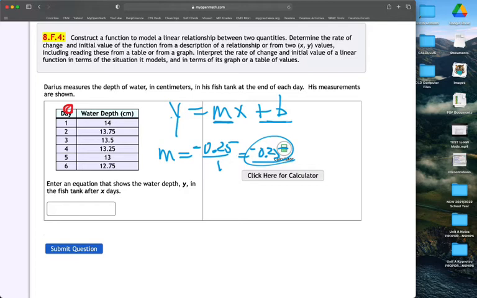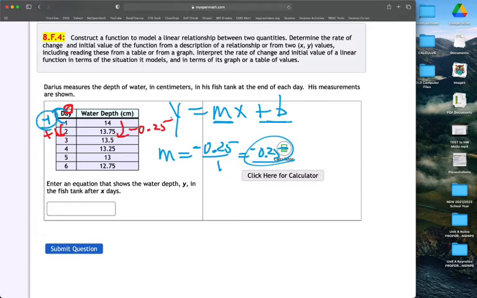So we already know that the change in y values working down the table is subtracting 0.25, and we are adding 1 to the x value. Well, to work backwards, we would do the reverse or the opposite of that. So to get from 1 to 0, we have to subtract 1.